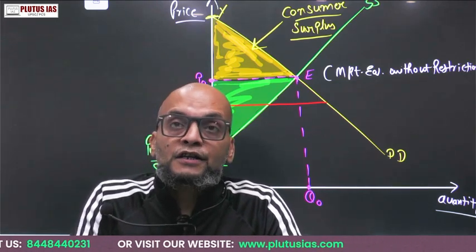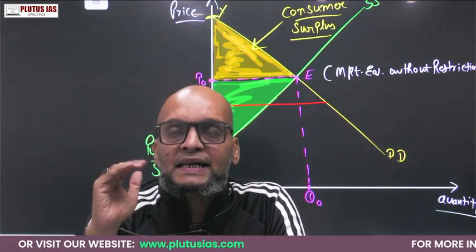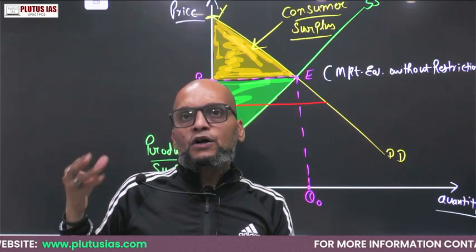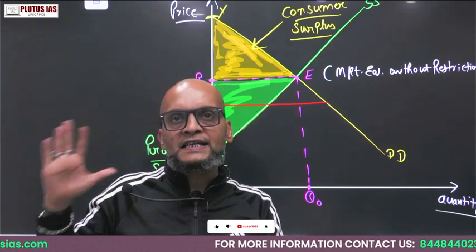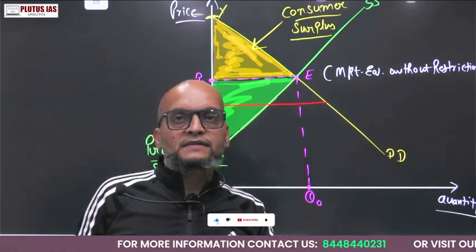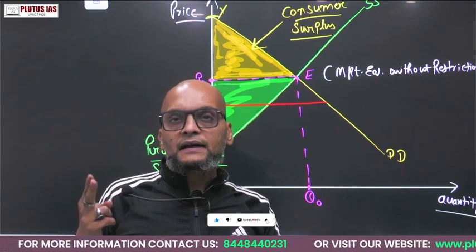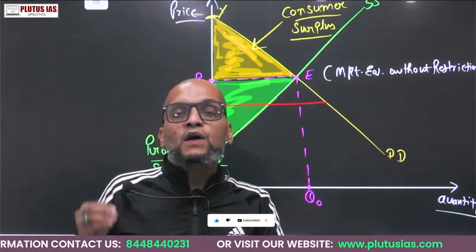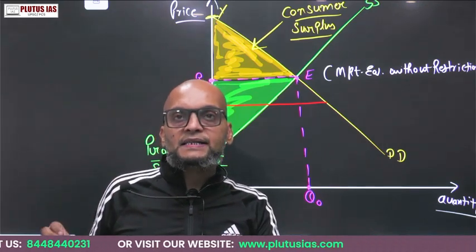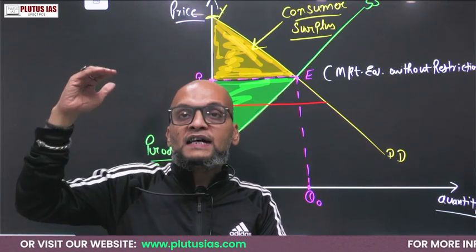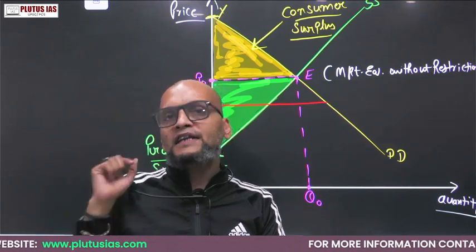Now pay attention. Whenever price ceiling is done, this is a key concept or a trick you can always keep in your mind. There are two things. One is price ceiling, another is price floating. Whenever price ceiling is done, the prices of the goods decline below the equilibrium price.